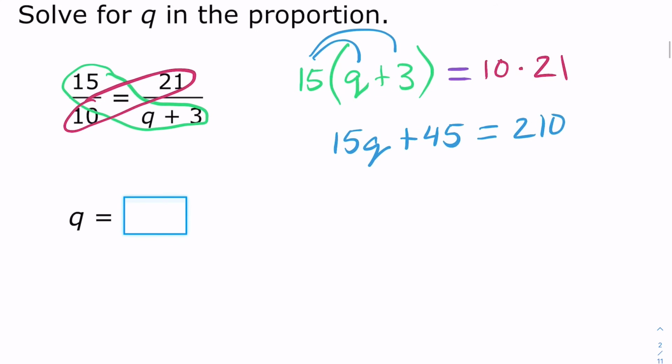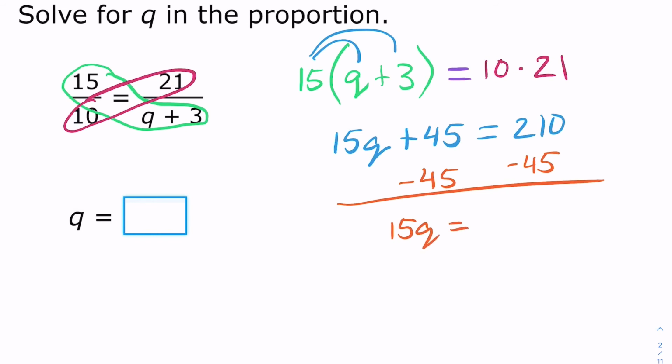All right. The best thing to do here is take away 45 from both sides. So 15Q equals, 21, 20, 19, 18, 17, 165. Let me just check my work. 210 minus 45.